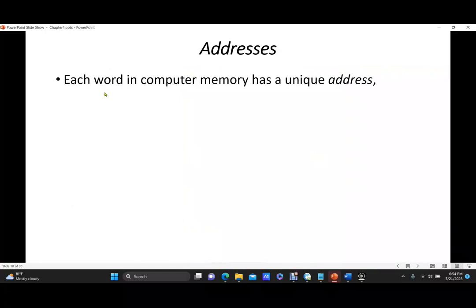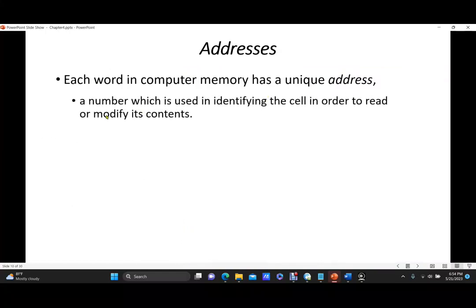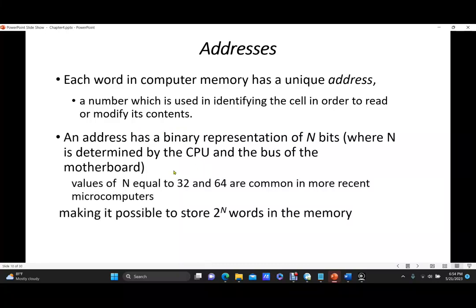As we said earlier, each word in memory has a unique address, a number used to identify the word in order to read or modify its contents. An address, the number, has a binary representation of a fixed number of bits, n bits.